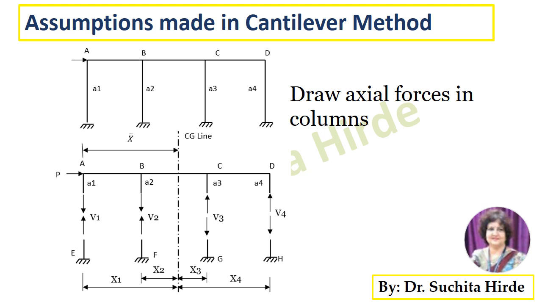For example, x1 is distance of first column from the CG line, x2 is distance of second column from the CG line, x3 is distance of third column and x4 is distance of fourth column from the CG line. So show all the distances and the axial forces in columns V1, V2, V3 and V4 on this diagram.